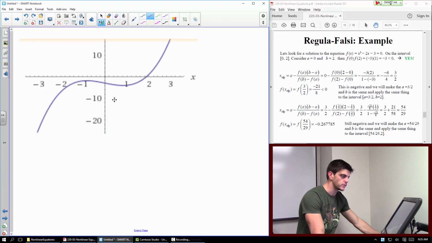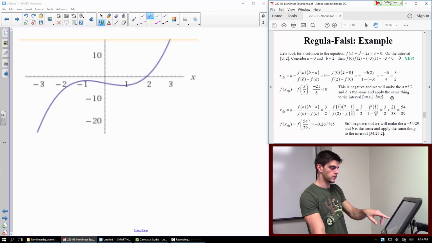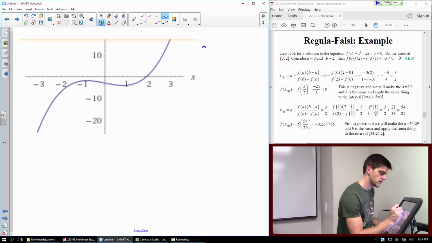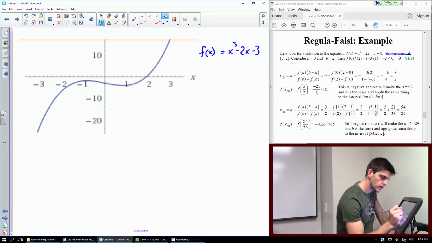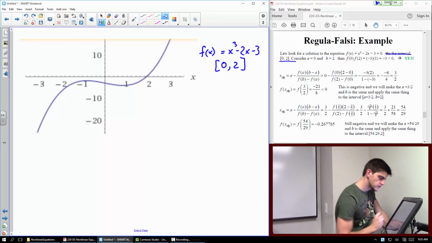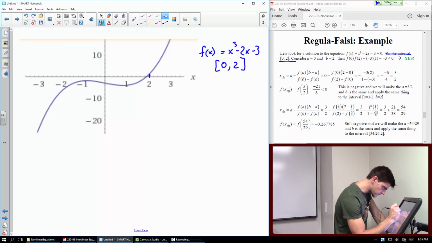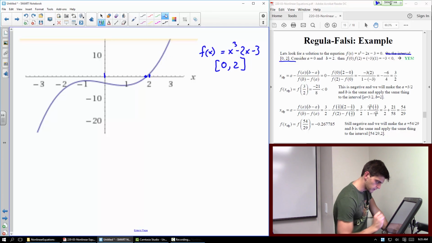Here I have the function plotted for the equation shown in the slides up top. So this is f of x equal to x cubed minus 2x minus 3. And I'm told here that we're working on the interval 0 to 2. So let's first of all take a look at our plot. Here is 2, here is 0, and it just brackets our solution, which is going to be somewhere here.